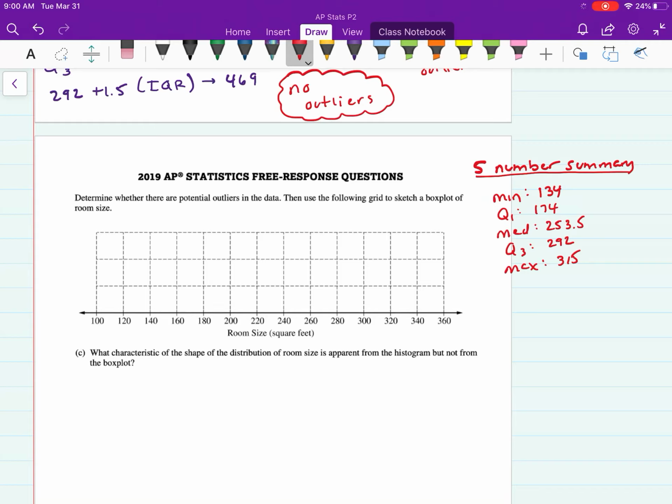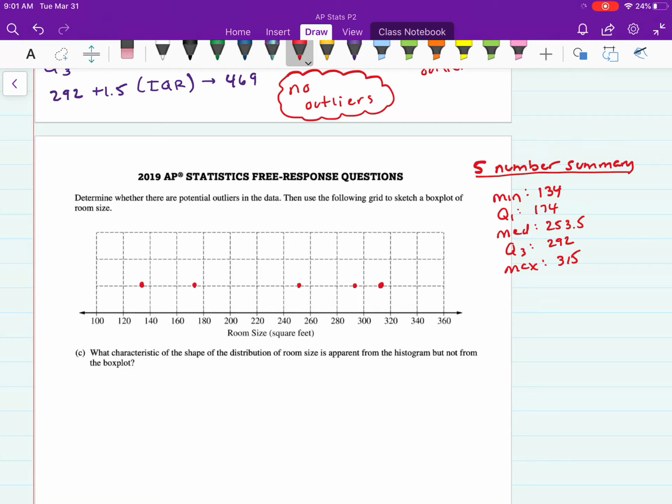So we come over here to the box plot and put a data point at each of these numbers. So 134 would be somewhere over here. Quartile 1 would be somewhere over here. The median, 253.5, would be somewhere over here. Quartile 3 is 292, which would be somewhere over here.